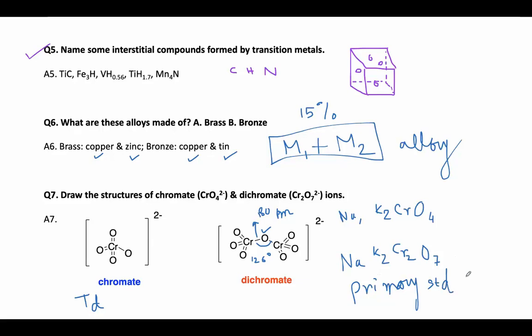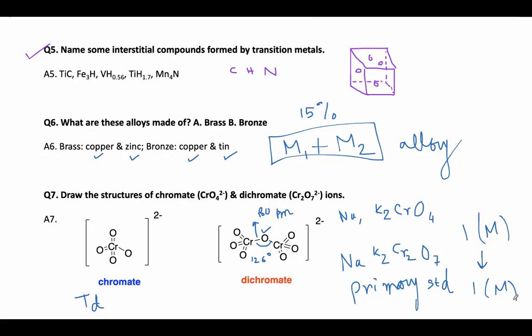Suppose we prepare a 1 molar K2Cr2O7 solution. After 20 days or 30 days or 6 months, the concentration will remain the same. That is called a primary standard solution.